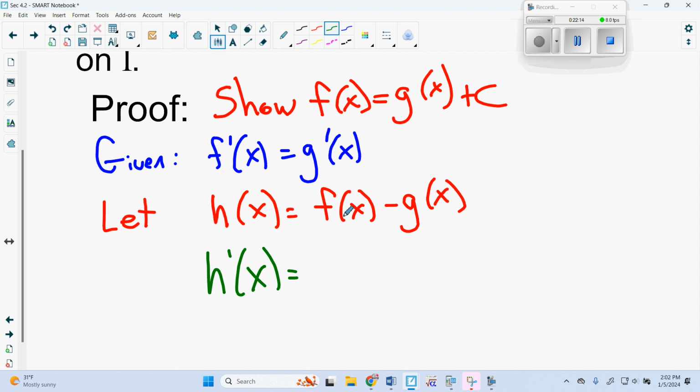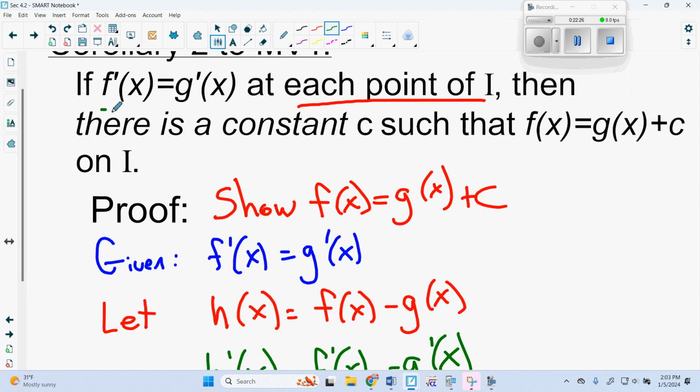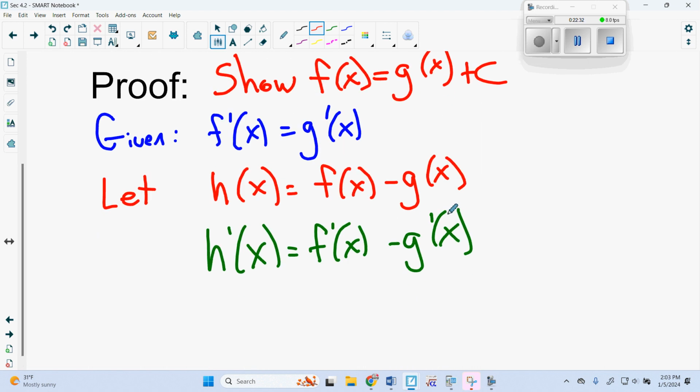Well, if we have a subtraction, we just take the derivative of each part. So we get to there. However, we know from up here that our derivatives are equal, which tells us that our derivative is equal to 0.